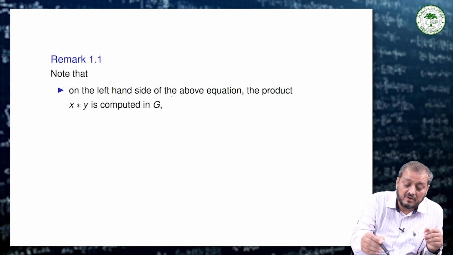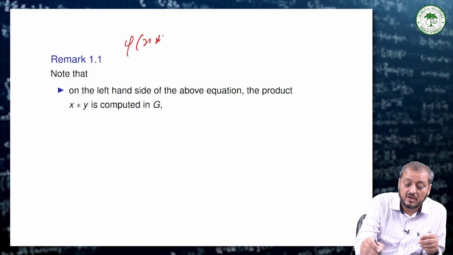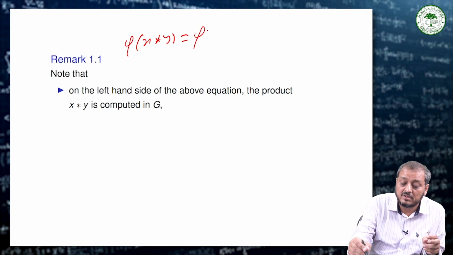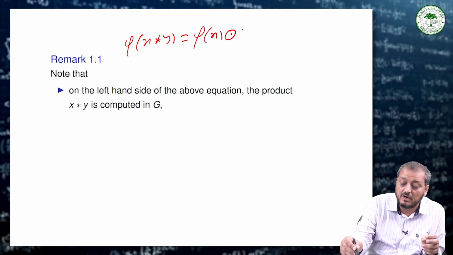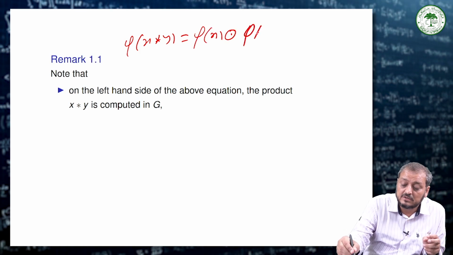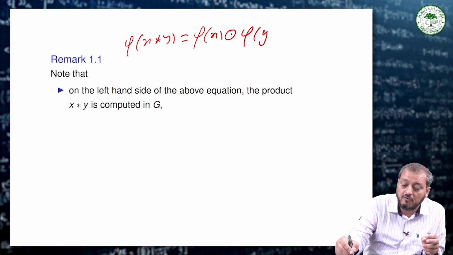We write this in the form f of x star y, which by the homomorphism property equals f of x times f of y.